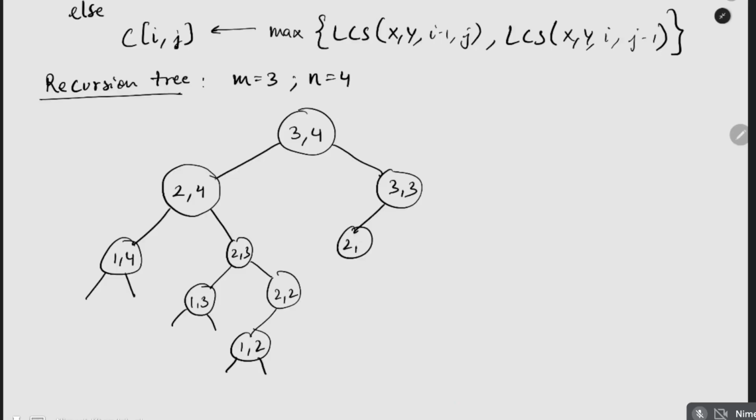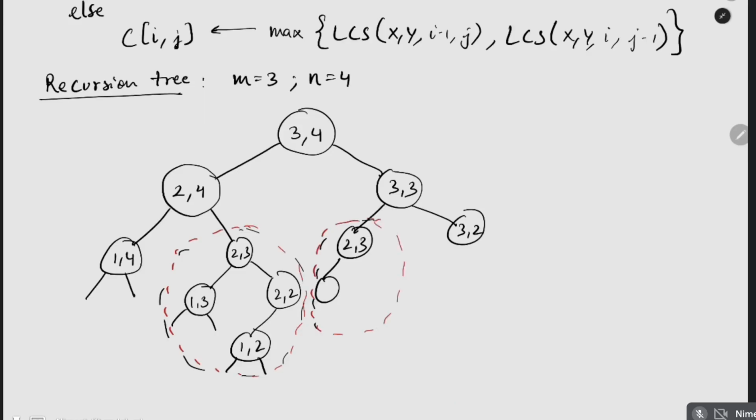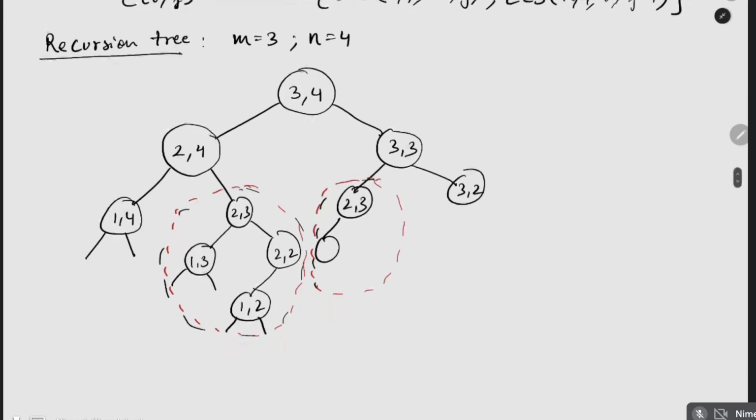We can also write it for this 3 comma 2, and then again similar to this. So the subtree that is formed here and the subtree that will be formed here, they are the same subtrees.